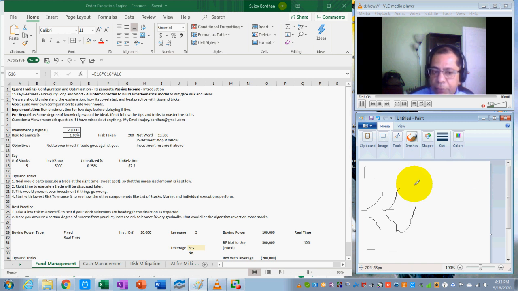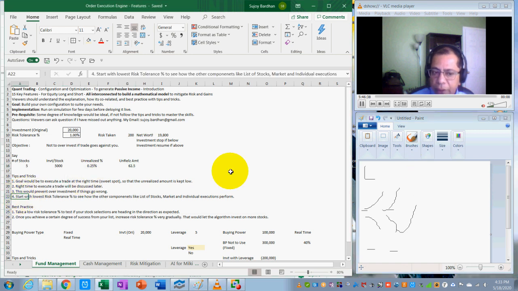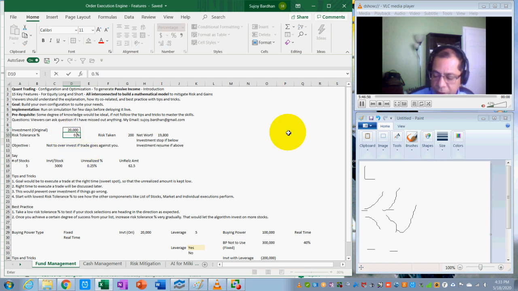Point two, which I want to talk about, is when you're getting into quantitative trading, even if you have $20,000 to invest, you start with a very low tolerance, say for example, 0.15. That means you are willing to take a risk of $30 and trade with this component.